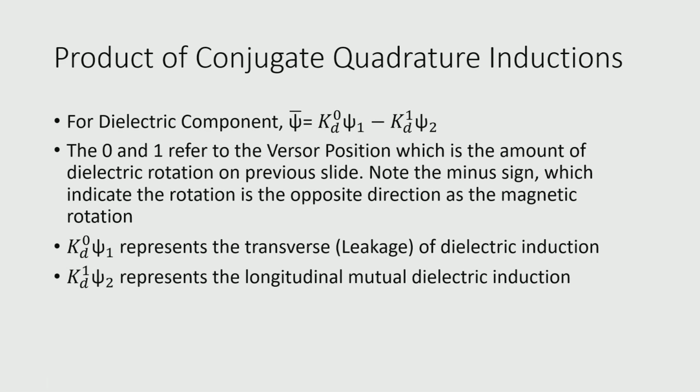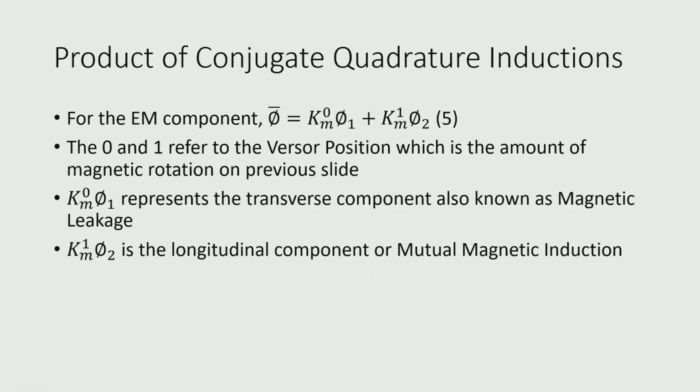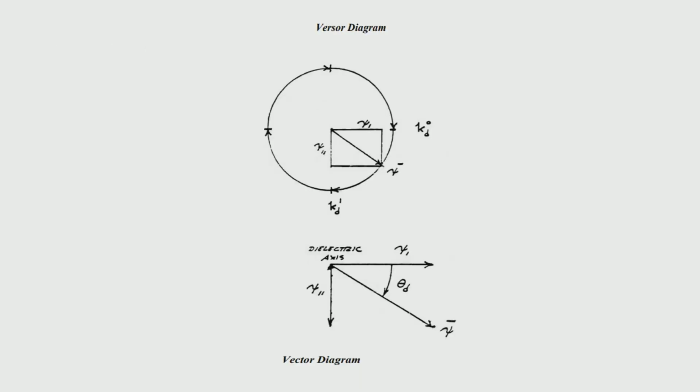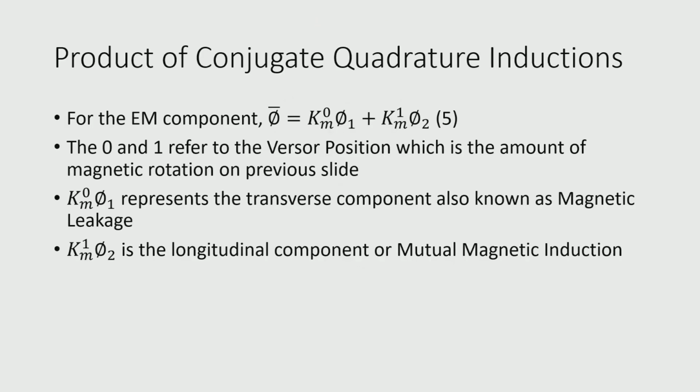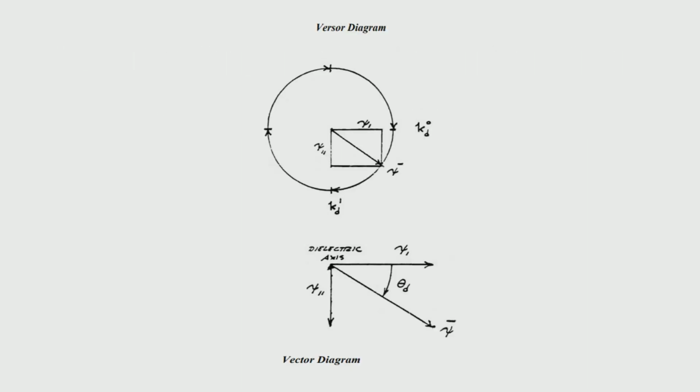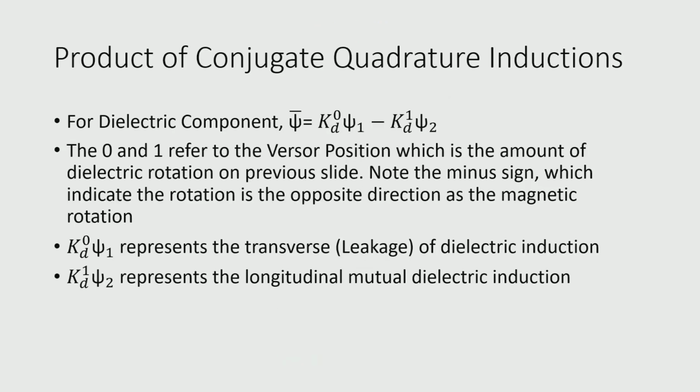Now, notice this minus sign. Before it was a plus sign. Now we have a minus sign, and pretty much what that signifies is, take a look. Notice how the dielectric flux is going clockwise and your magnetic flux is going counterclockwise, okay? They're rotating, their fields are spinning in opposite directions, and some people refer to it as vortex magnetism. That's all it is. It's just you're spinning, the fields formed are going in different directions.